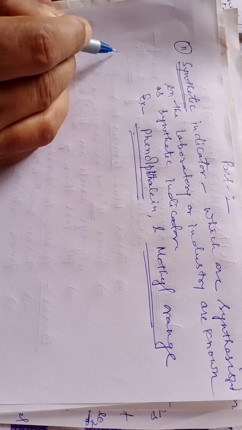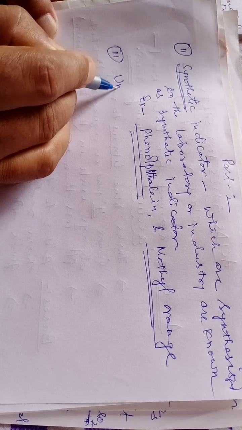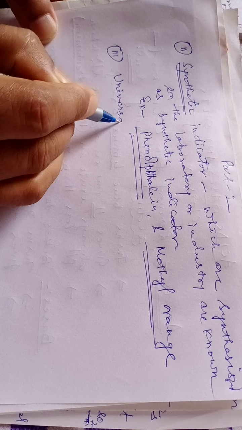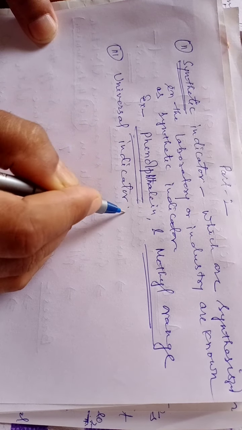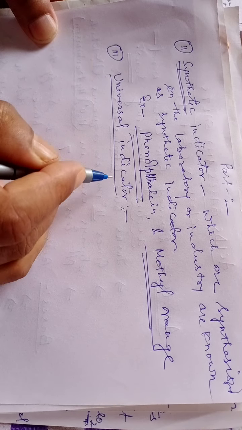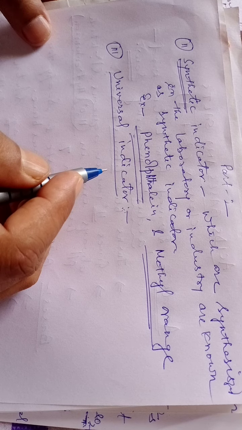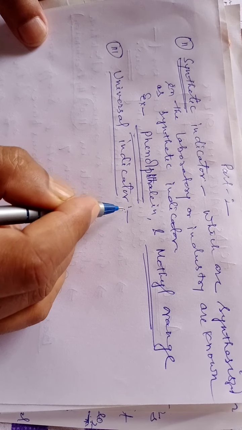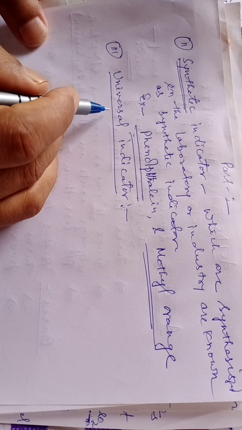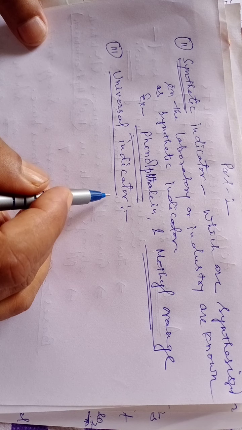The third type of indicator is universal indicator. Here, a mixture of different indicators is used to make the universal indicator.